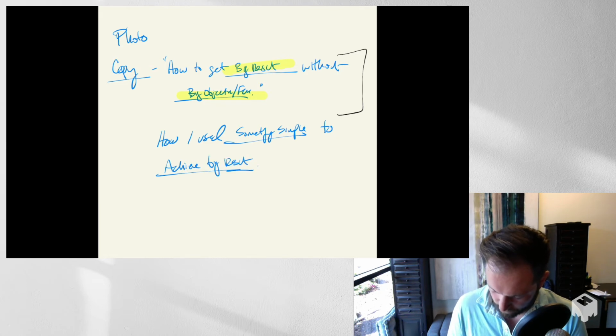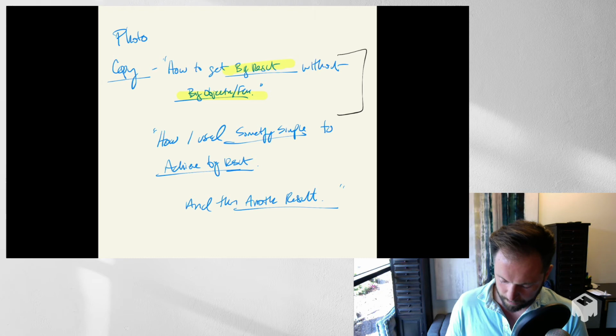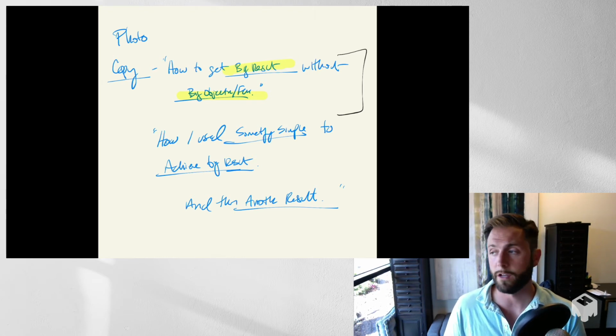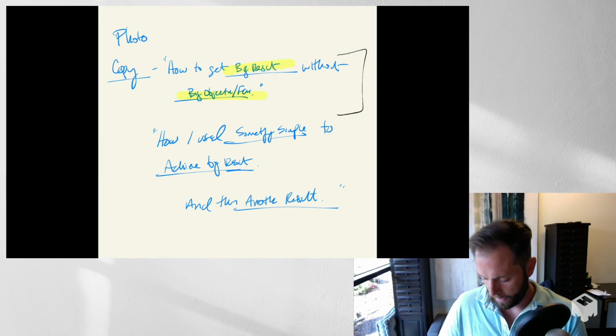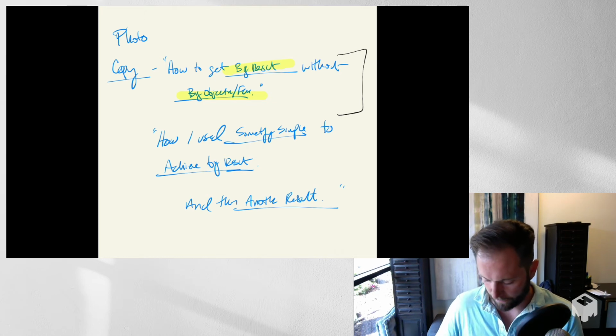And then if you want to continue it, you can say, and then another big result. So this could be how I used a 2-page funnel to recruit 30 people per month and then scaled to 100 grand a month, right? That's one that you can use right there. I like that one a lot.